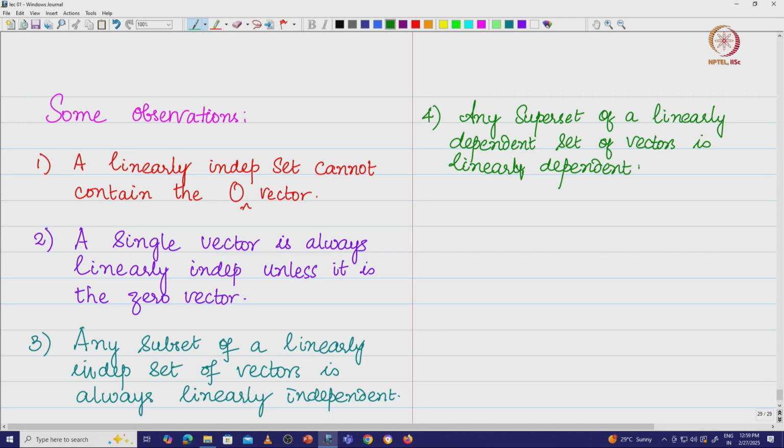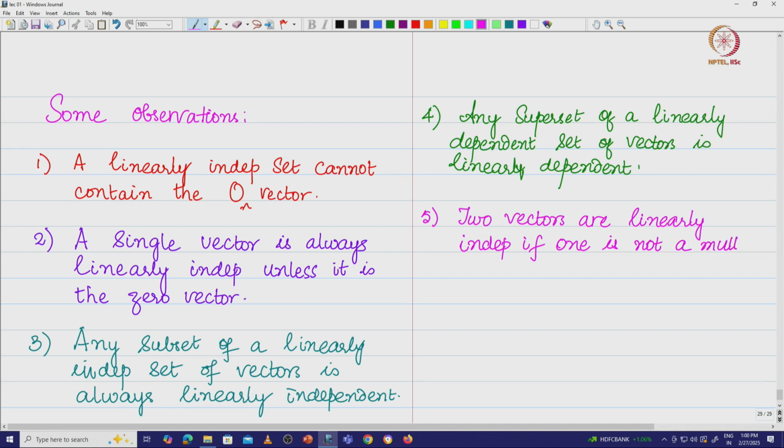One more observation that we will make is the following: two vectors are linearly independent if one is not a multiple of the other. Now, what does this mean?